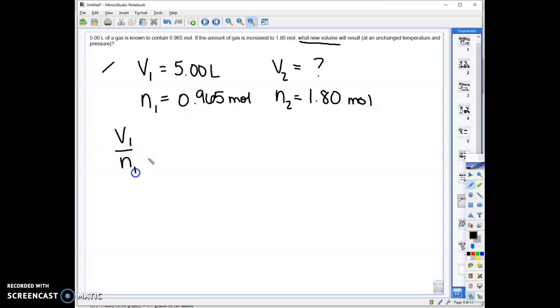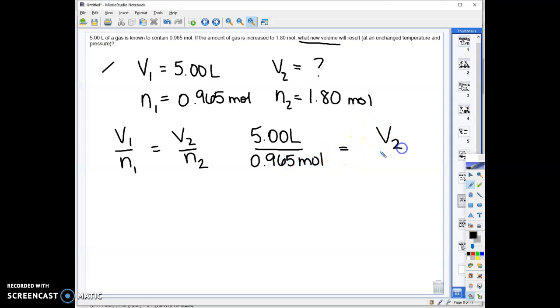So V1 over N1 is equal to V2 over N2. So my initial volume, 5.0 liters, initial moles, 0.965. I'm looking for my V2, so I'll leave that as a variable. And I have 1.8 mole as my N2.